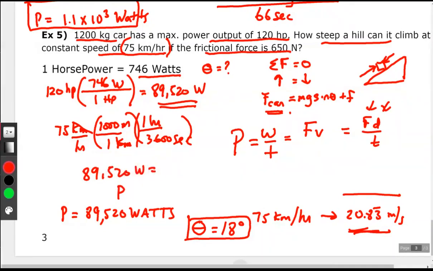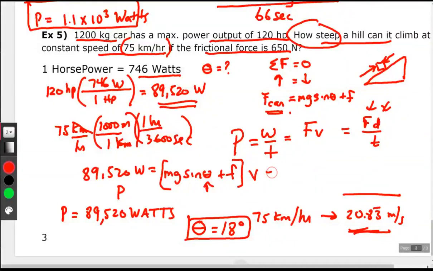Power equals force. Force of the car is mg sine theta plus friction. In order to get up that hill at constant velocity, he has to apply that force. What's the velocity? Well, we actually have the velocity. The only thing we don't have is theta. The question is how steep, that's a theta question.